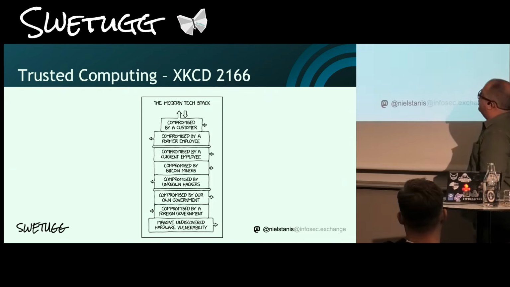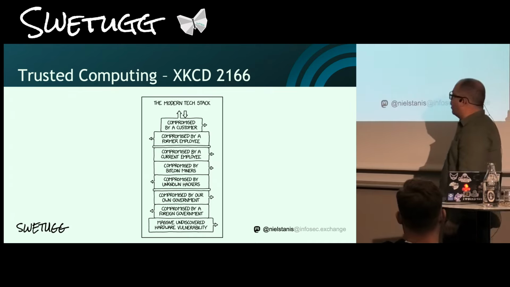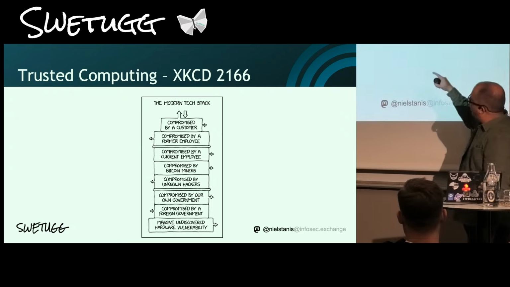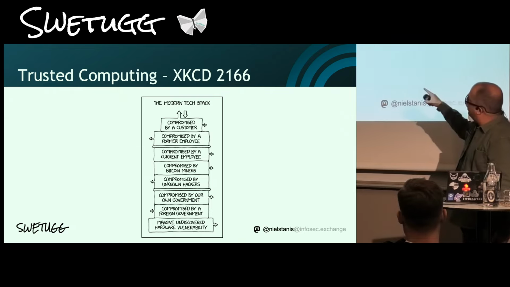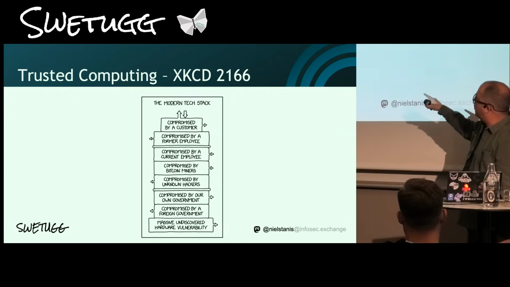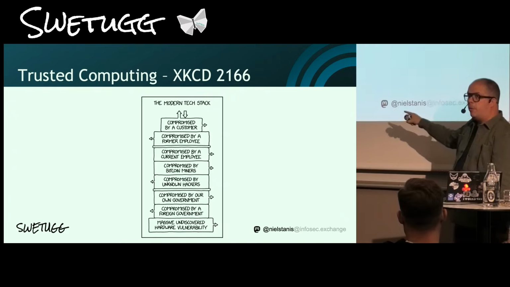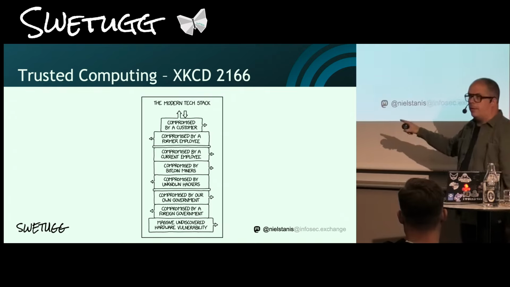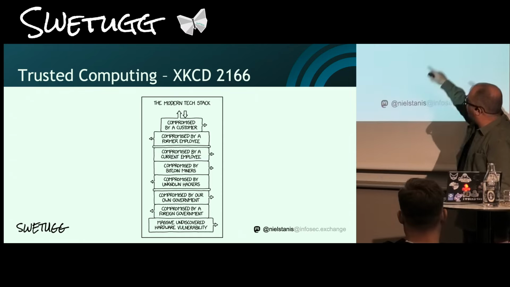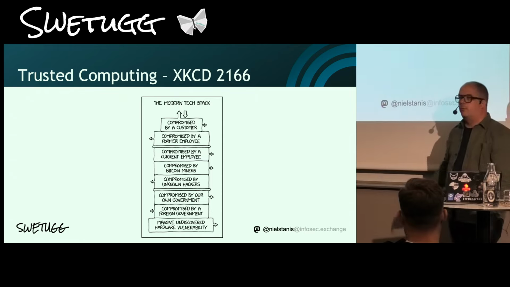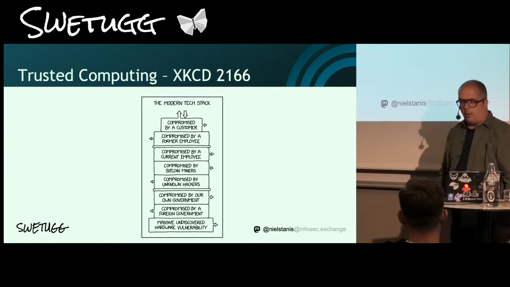But if you look at the modern technology stack and all the layers you're involved with, if you're doing cloud, on Azure, AWS, or Google Cloud, then you've got several layers that can be compromised by a current employee, by Bitcoin miners, or maybe some foreign government in the lower parts where hardware has been compromised for certain reasons, right? This is a whole variety of different layers of threats you need to be aware of.